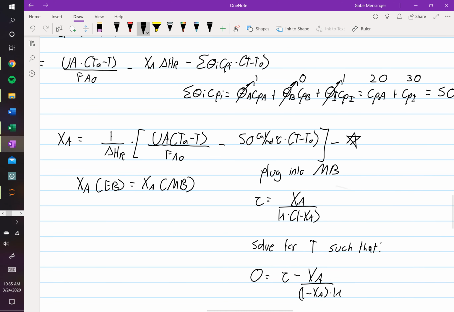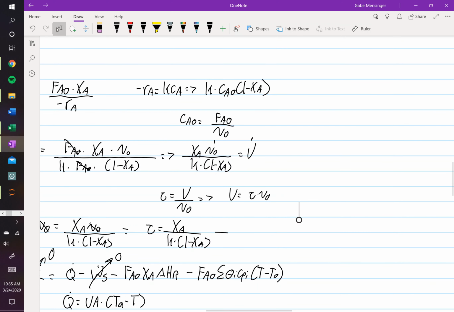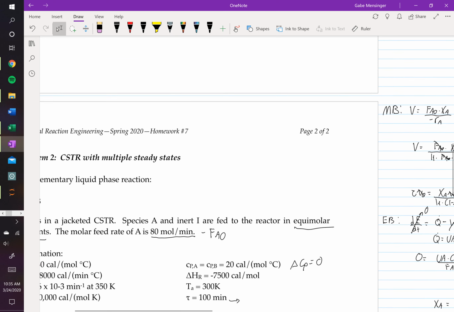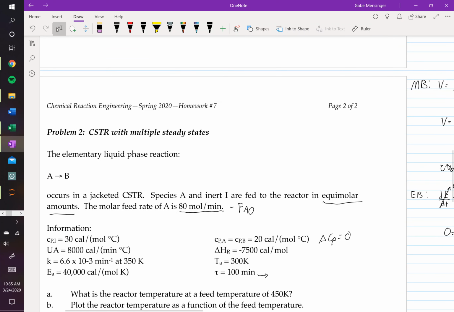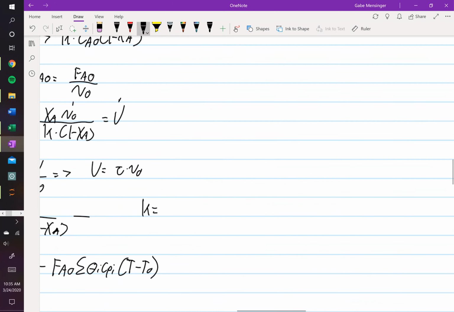And I actually forgot something on the mass balance. So going back up, we have to consider terms that are functions of temperature, and the only one that's going to be a function of temperature is going to be k. For this case, we are not just given a nice Arrhenius equation like in the last one, but we are given k at a reference temperature right here. And our reference temperature is 350 Kelvin.